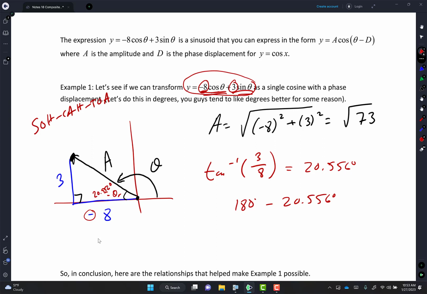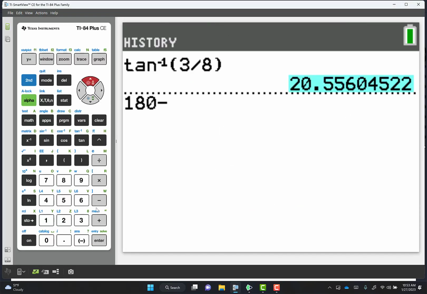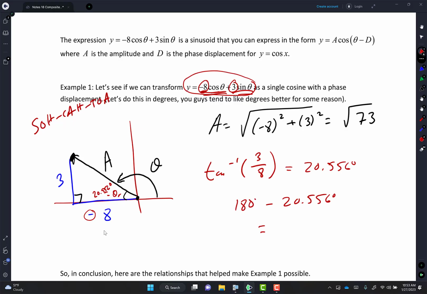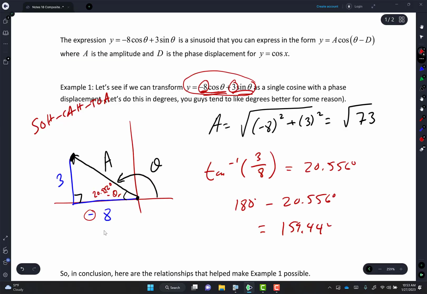Yay, because that's how you get quadrant 2. So let's see what this answer is. 180 minus this. 159.444 degrees.